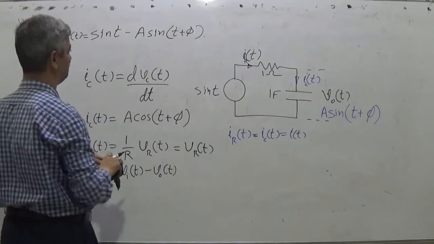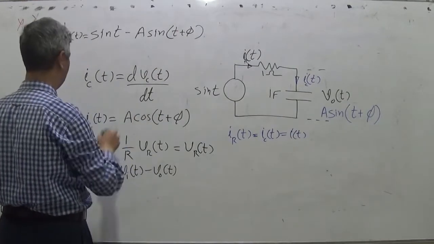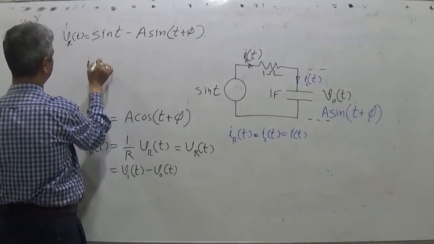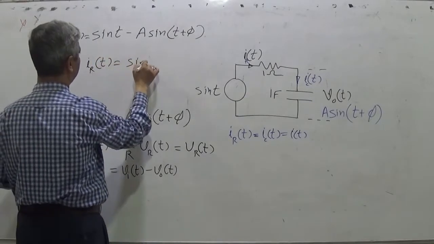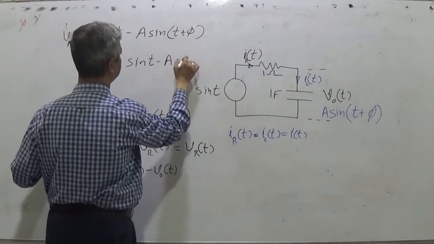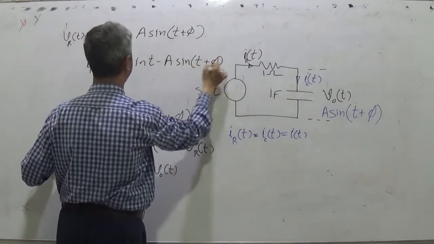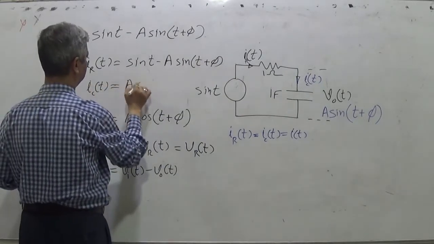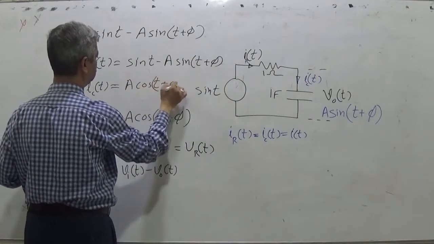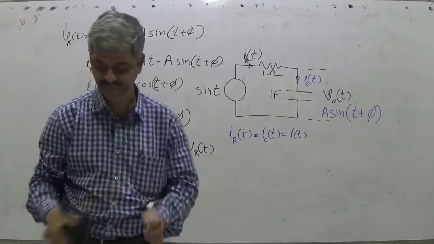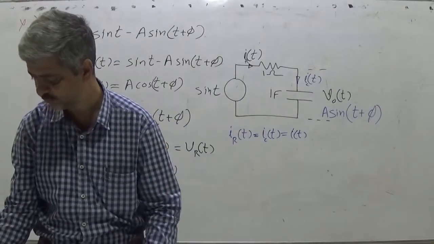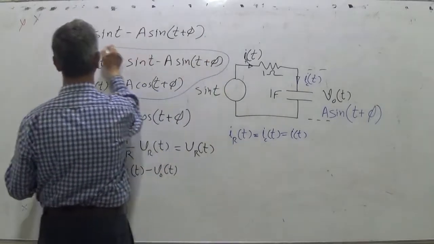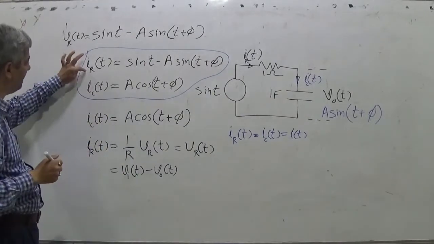So what is i_R(t)? Same as v_R(t) because R is 1. So I have got i_R(t) as sin t minus A sin(t + φ), and i_C(t) I will write once again here itself, A cos(t + φ).